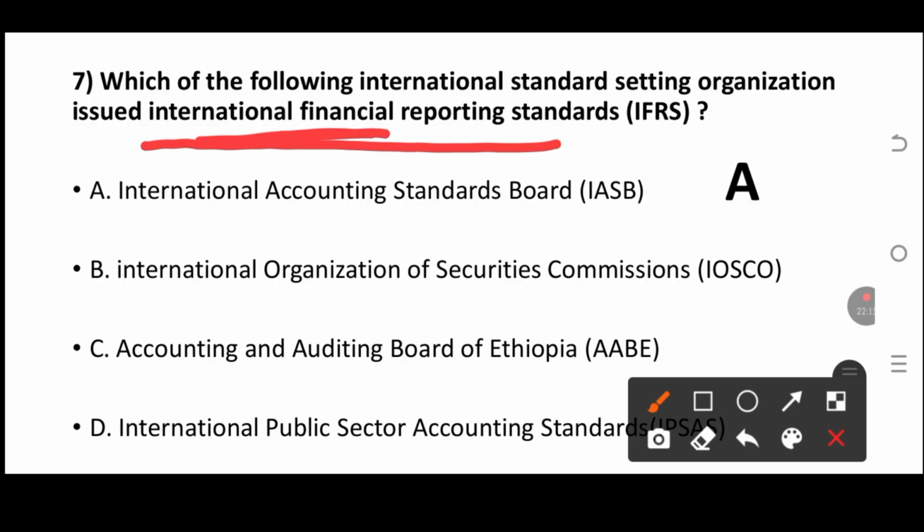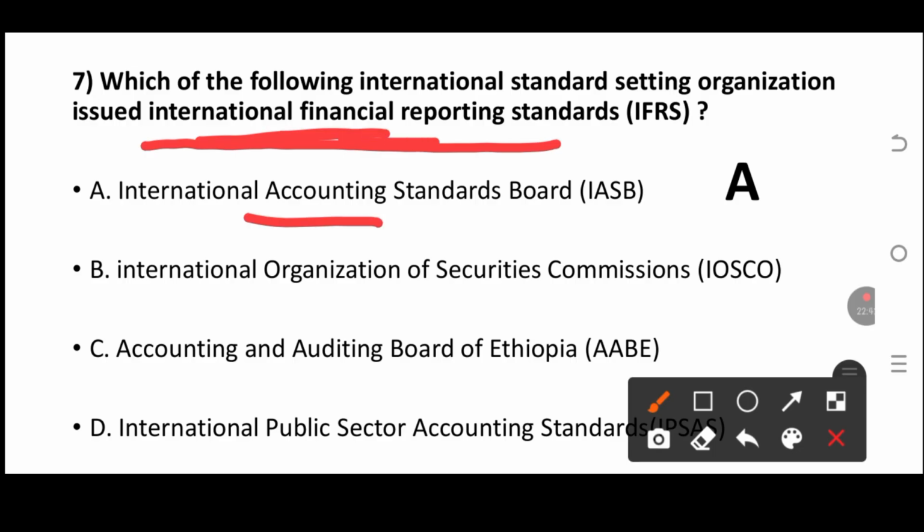Choice A, International Accounting Standards Board, or IASB. B, International Organization of Securities Commissions, or IOSCO. C, Accounting and Auditing Board of Ethiopia, or AABE. D, International Public Sector Accounting Standards, or IPSAS. But here it says financial reporting standards.